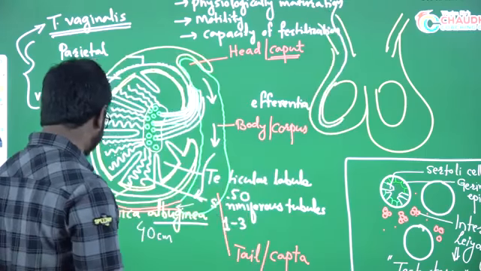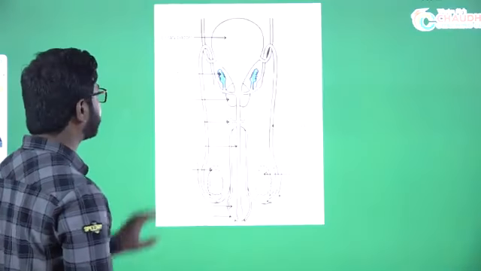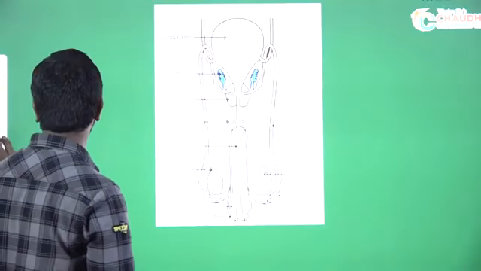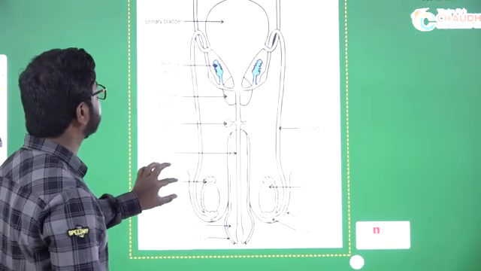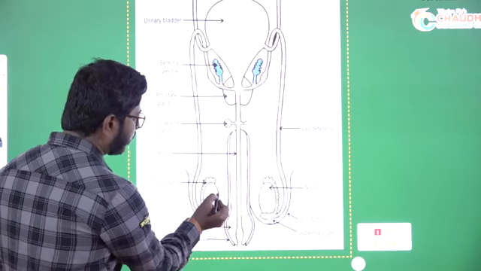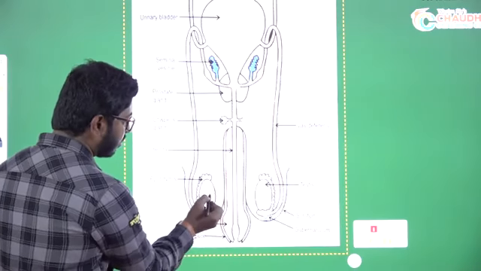So diagrammatically we can show this structure in this particular diagram. Suppose these are the testes, a pair of testes.